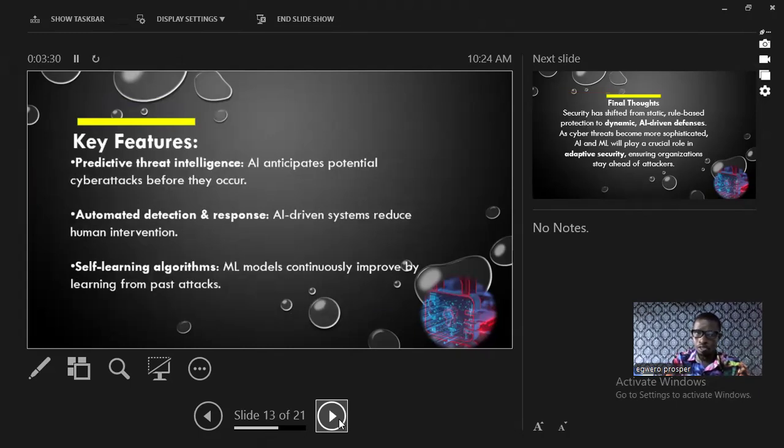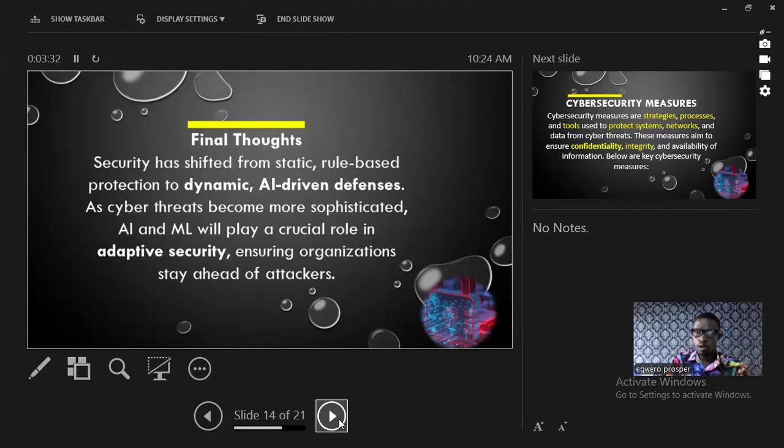Now we'll also highlight some of the key features, and then we'll look at the final thoughts: in conclusion, security has shifted from static, rule-based protection to dynamic, AI-driven defenses as cyber threats become more sophisticated. AI and machine learning will play a crucial role in adaptive security. This aspect led to several explanations.